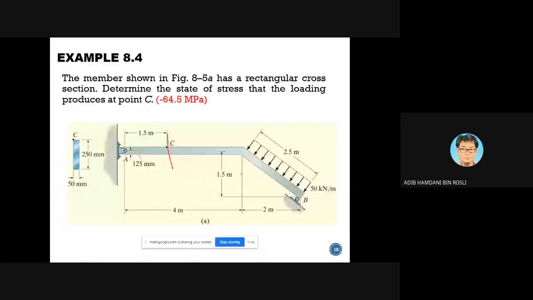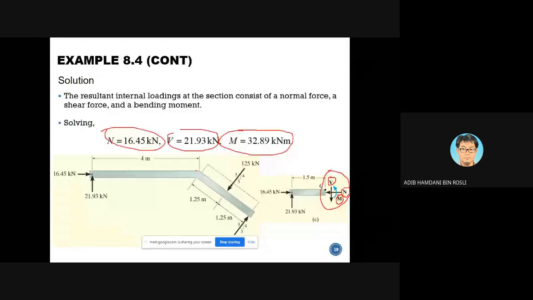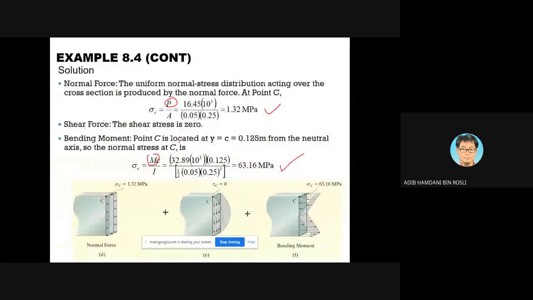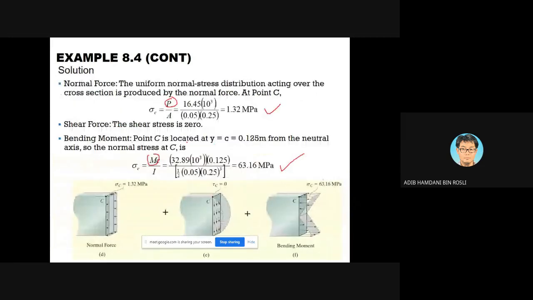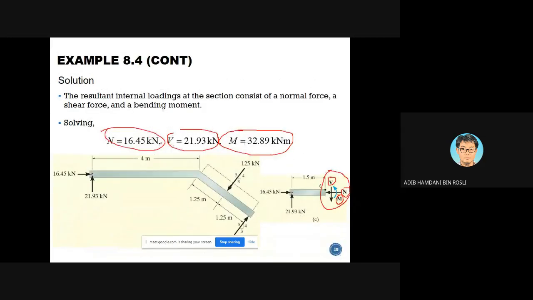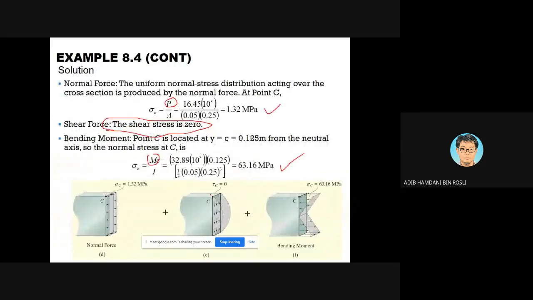The solution here does not discuss V, but actually the shear stress due to V here will be zero. Actually, it's a trick. There is shear stress due to V, but the location of this point C will make the shear stress zero.